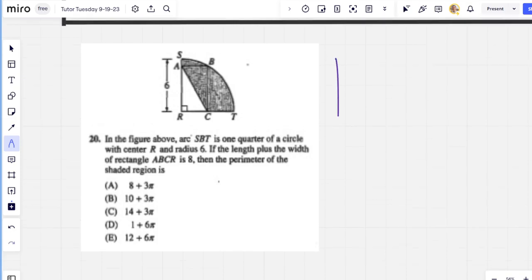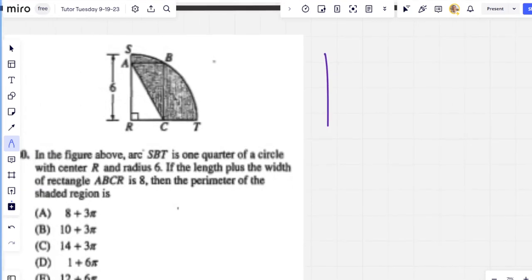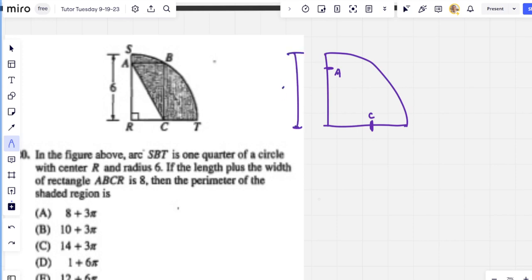What I might do is just redraw the figure a little bit here, because it's kind of messy and I want to be able to label stuff. So got C, got A. I'm going to call this portion 6.